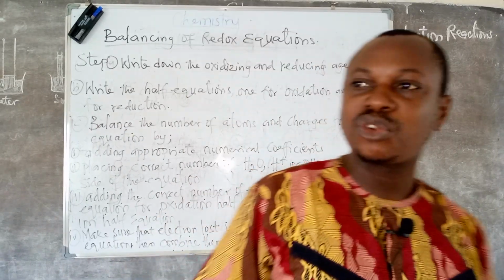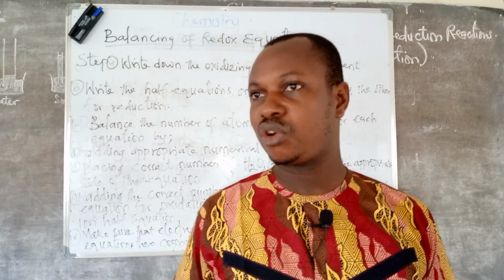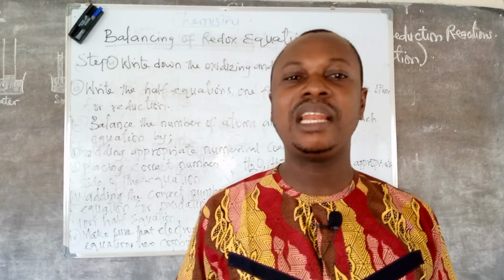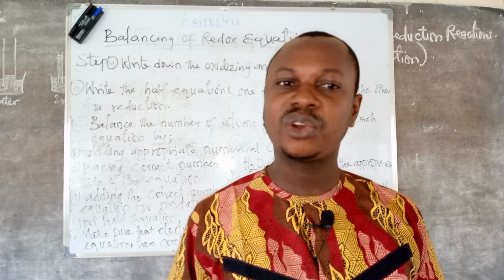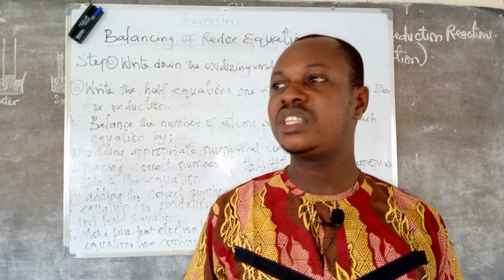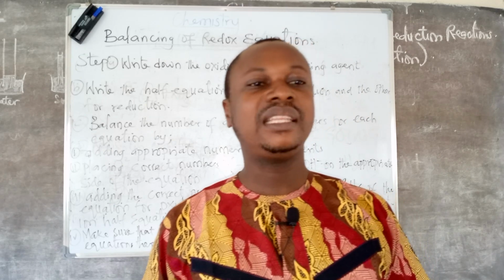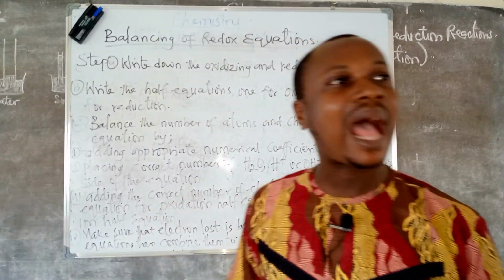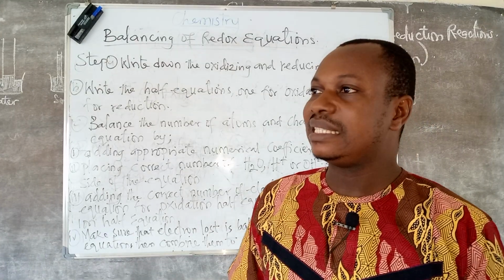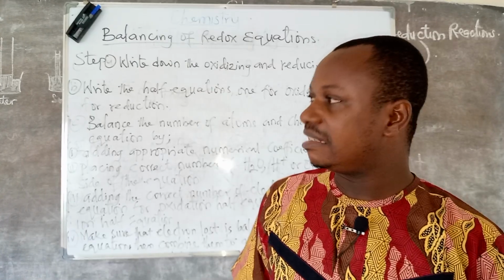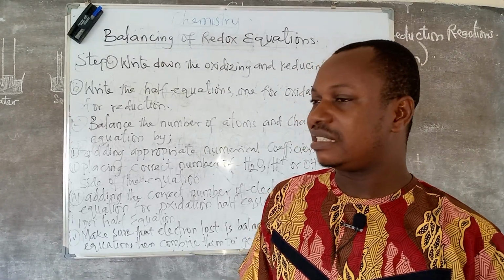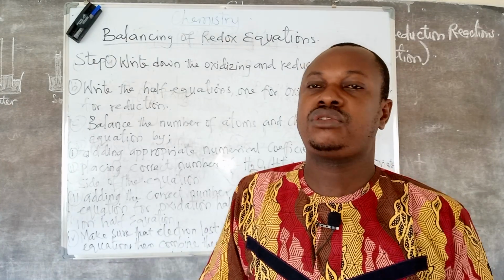Don't forget that electrons are lost in the oxidation half equation and must be balanced by electrons gained in the reduction half equation. Once we consider all these things, the bone of contention here is our ability to identify an oxidizing agent and a reducing agent in a given equation.